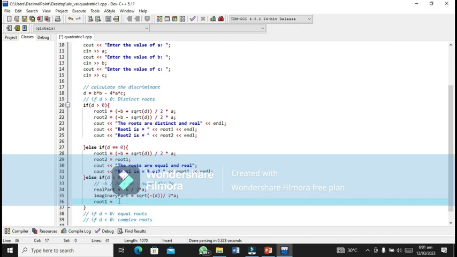If we try to use root 1 to assign the values of the real part plus the imaginary part.